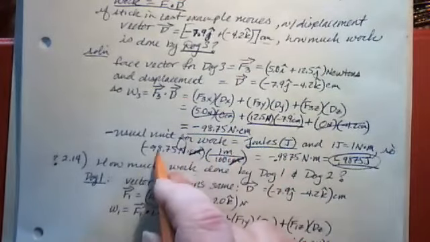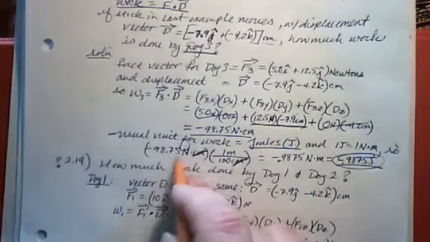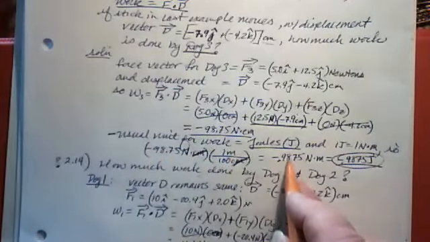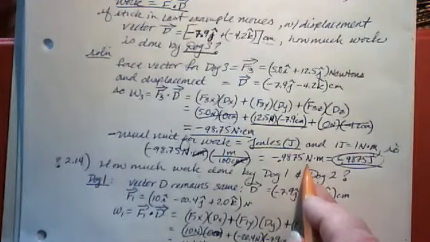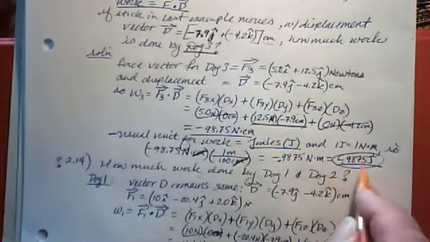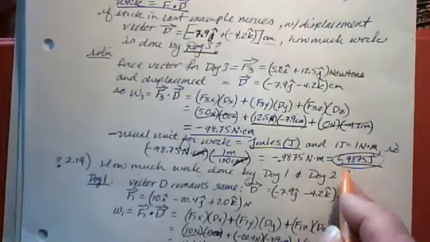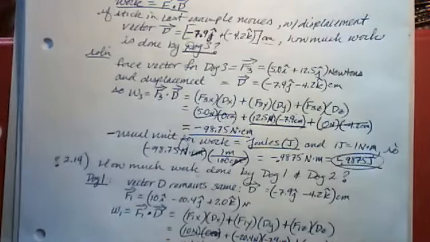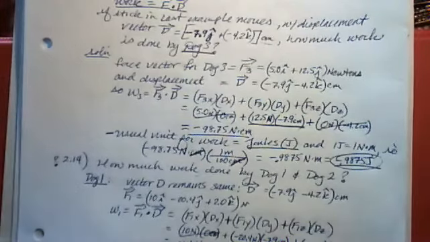And numerically, you're just taking negative 98.75 divided by 100, which is negative 0.9875 Newton meters. Or in other words, negative 0.9875 joules. Okay, so that's finding it in the more proper units of joules.